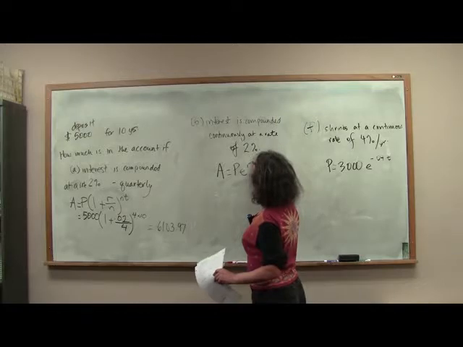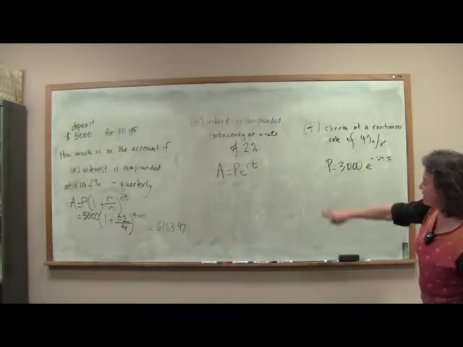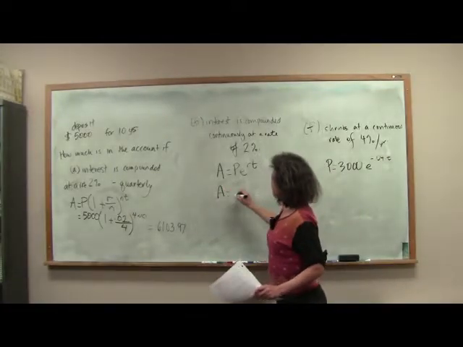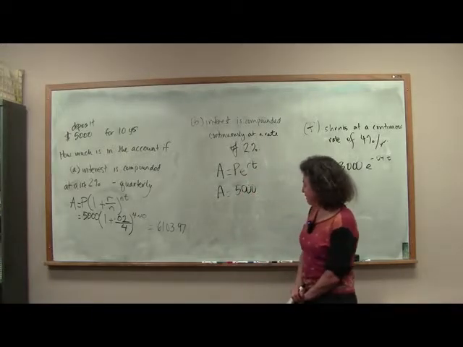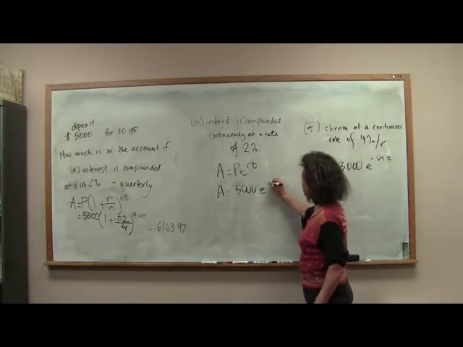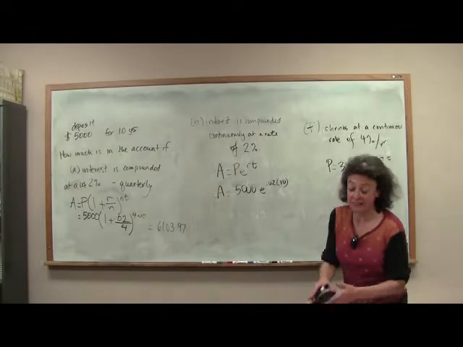Whenever you see that something is compounded continuously, you want to use this PERT formula. Okay? Plug things in very much the same way. We're investing $5,000. We have e, our rate is 0.02, and our t is 10.